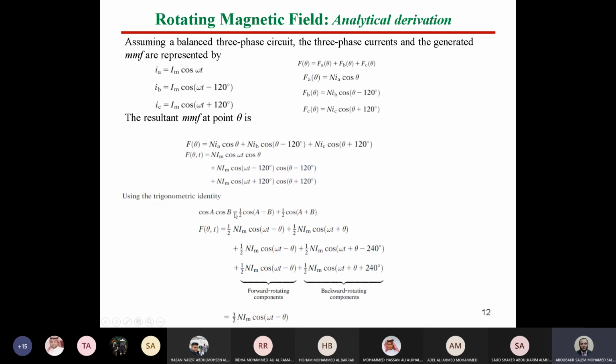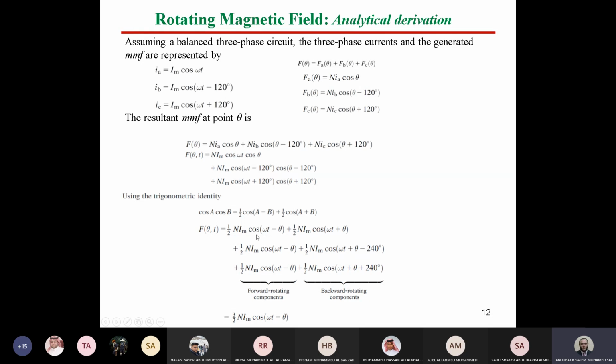One part which is constant. As you can see, these are three identical terms, and these terms are shifted by 120 degrees. Is that right, Shabab? Here at 0 angle, here minus 240, here plus 240 or minus 120. So if you sum these three terms, which represent the backward flux, it will be 0.